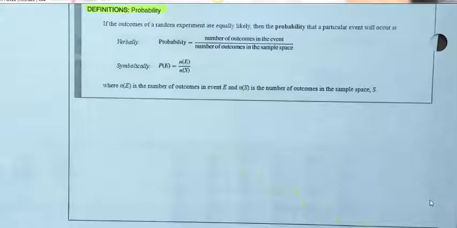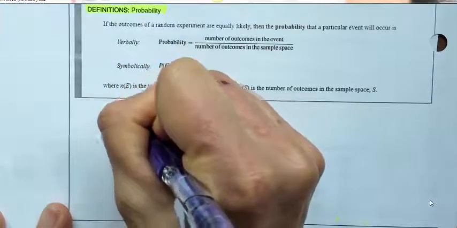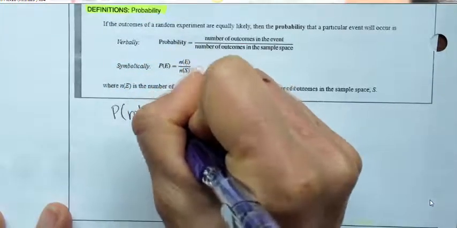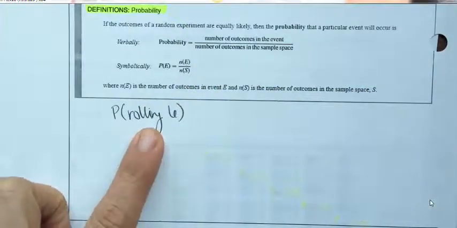So to write this in a way that looks more mathematical, we're going to say, what's the probability of rolling a 6? Okay, so that's how you'd write it. The probability of the outcome that you care about.